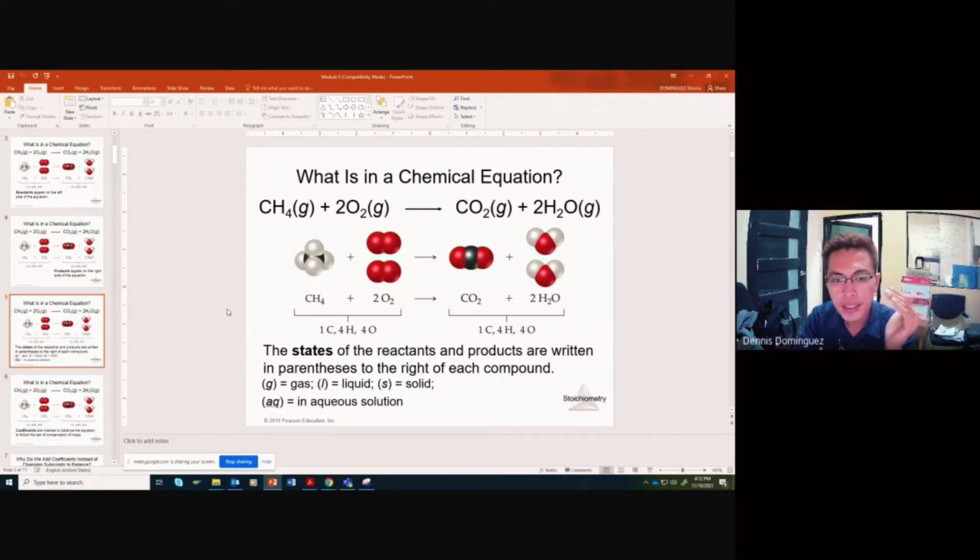So for example, aning sa atong chemical equation, we have G. So naa siya sa gaseous form, gas. So we have also liquid, solid, and then aqueous. The difference sa liquid and aqueous: aqueous is a combination siya, no, of different liquids. So aqueous solution. While liquid is a pure liquid lang siya.